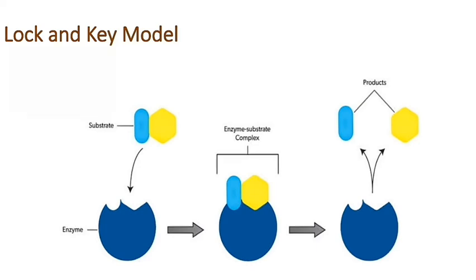Now, according to this model, the active site of the enzyme exists in the proper conformation for catalytic activity even in the absence of substrate, and the active site binds to the substrate without any change in its own three-dimensional structure, and the substrate fitting into the active site is just as a key fits into a lock.